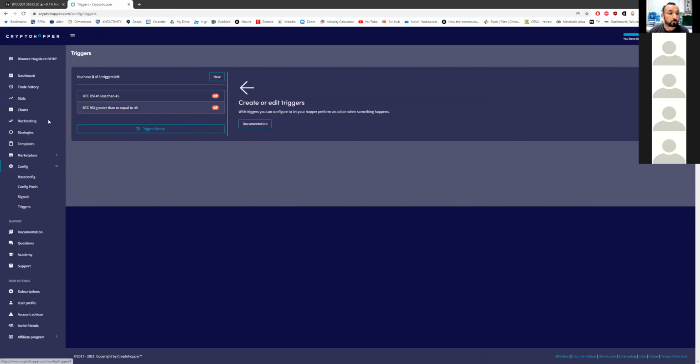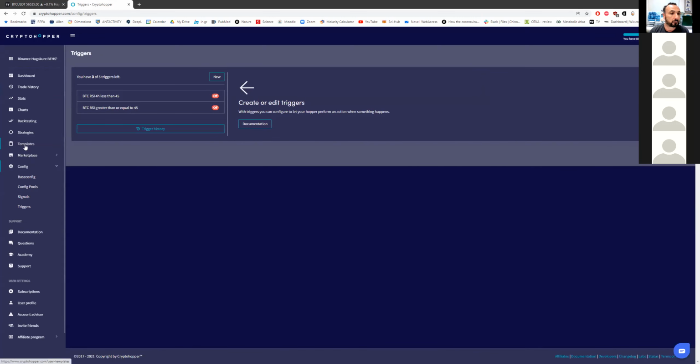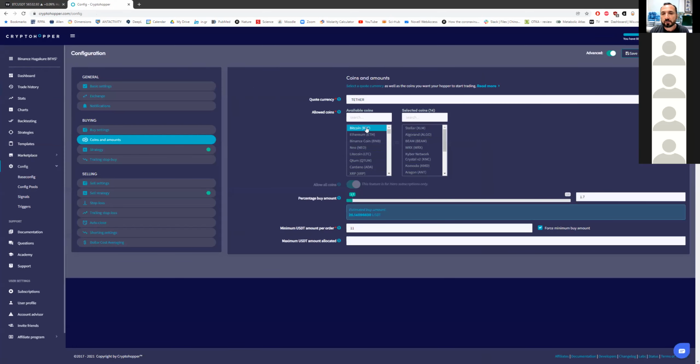First you need to create different templates, and in the templates you have different coins. It is allowed to do this by Crypto Hopper. Now with Adventurer you can have 5 templates, and in each template you can have 50 different coins. So that means you can have up to 250 coins. But how to alternate them?